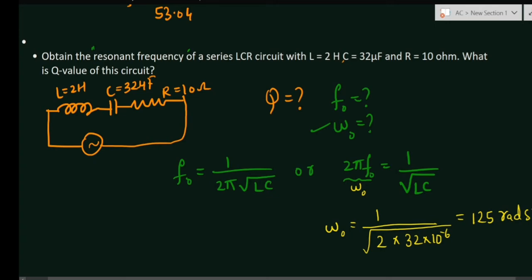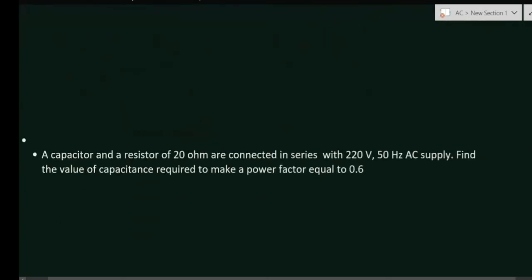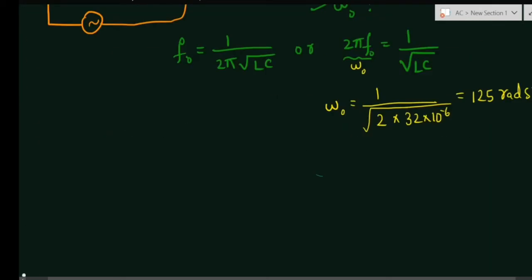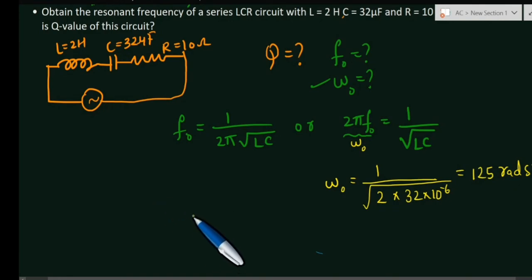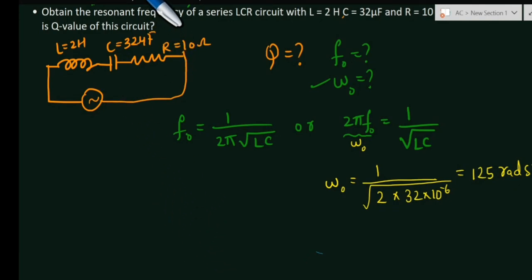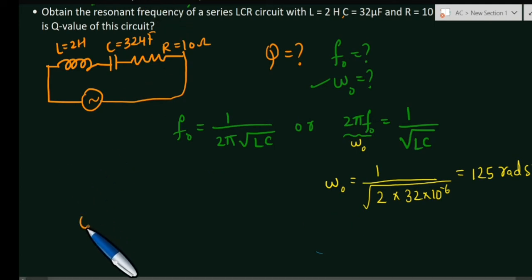So once after getting the value of omega naught, we can calculate the value of Q. So Q is equal to 1 divided by, there are three formulas, among them one we can take. So omega naught CR we can take.